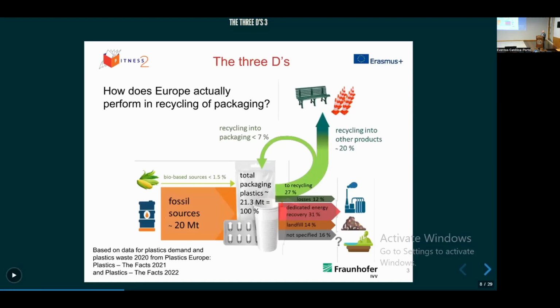From this, about 27% goes to recycling, about 20% goes into recycling for other products, which you may, with some justification, also call downcycling, and less than 7% go back into packaging. Different sources, different figures, but the overall image is that this is quite low, and especially those non-specified 16% are also a big question mark. Okay, the rest is clear.